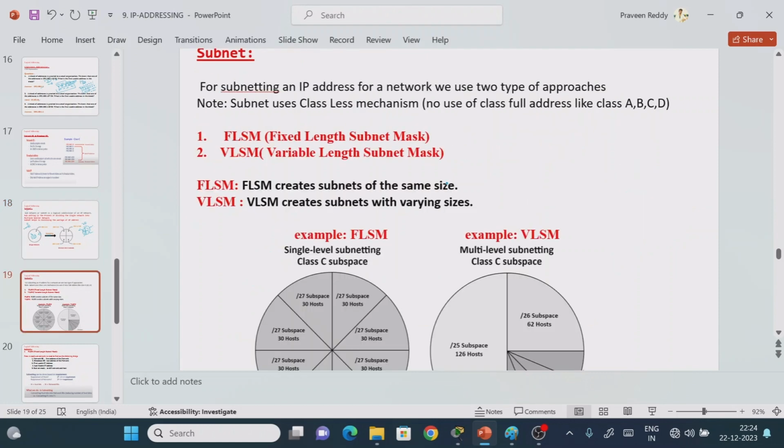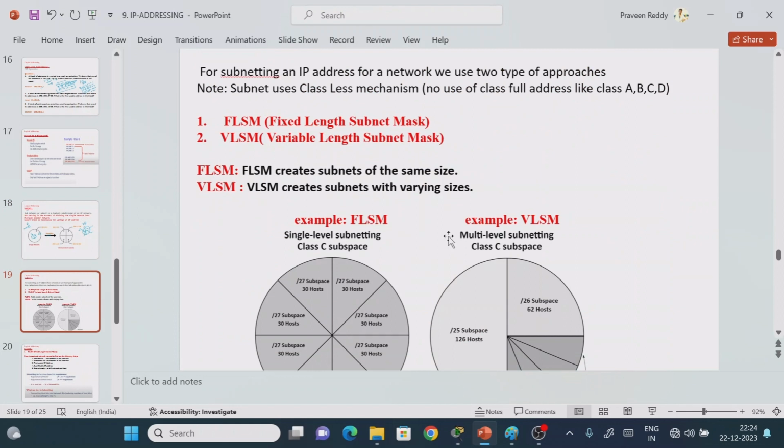One more point to remember is that subnetting can be implemented in 2 approaches. Remember that there is no use of classful addressing like classes A, B, C, right? In the classless mechanism we use the CIDR concept. As we told, CIDR is represented with the slash notation, right? So we have 2 types of subnetting concept.